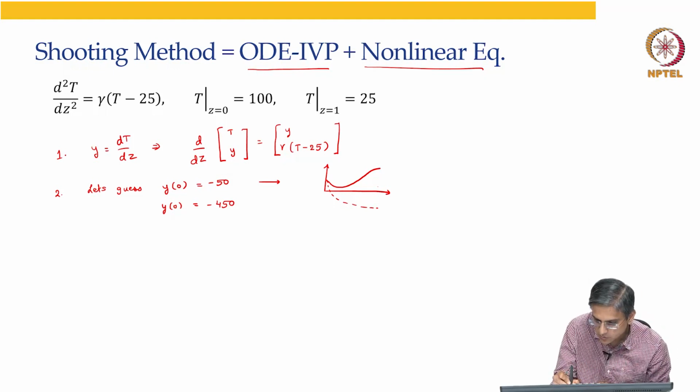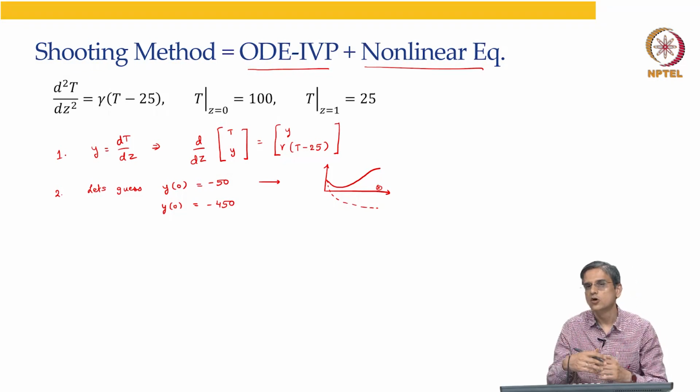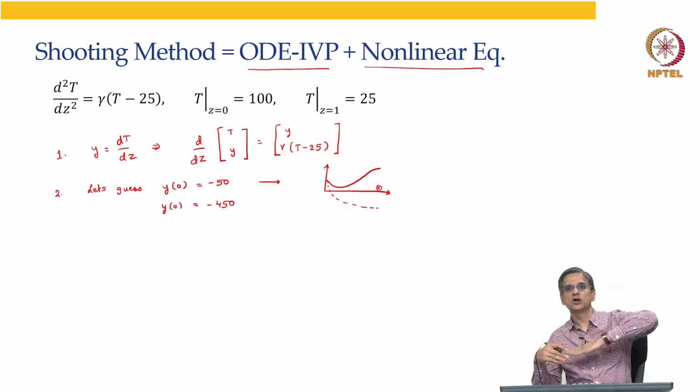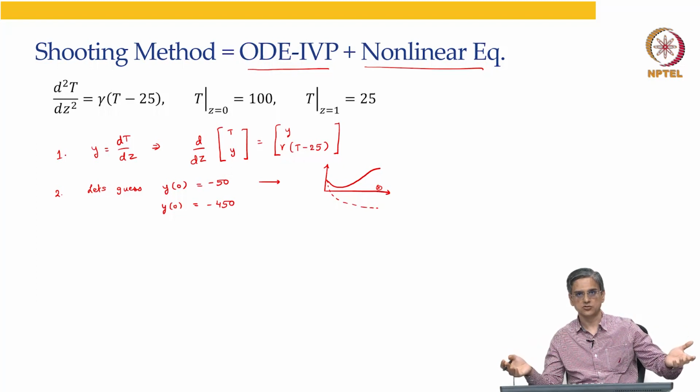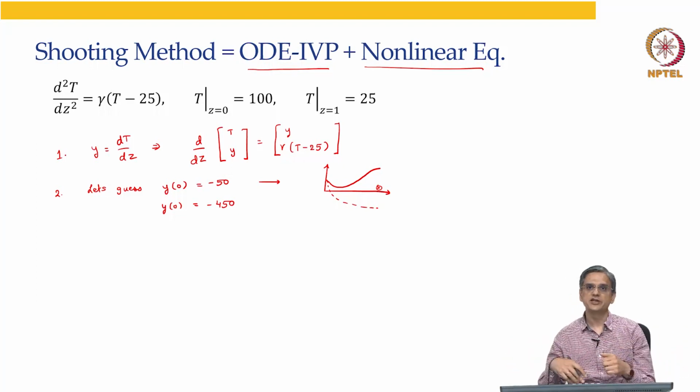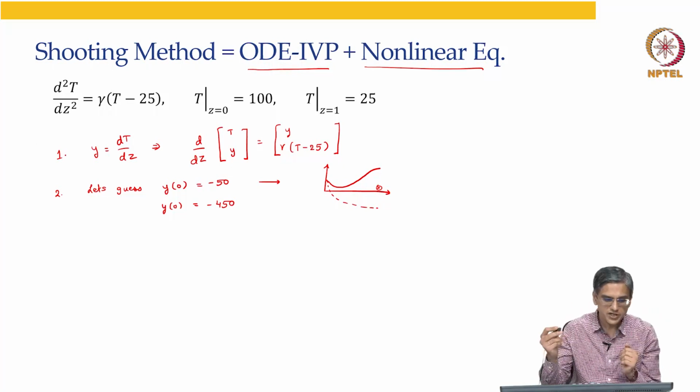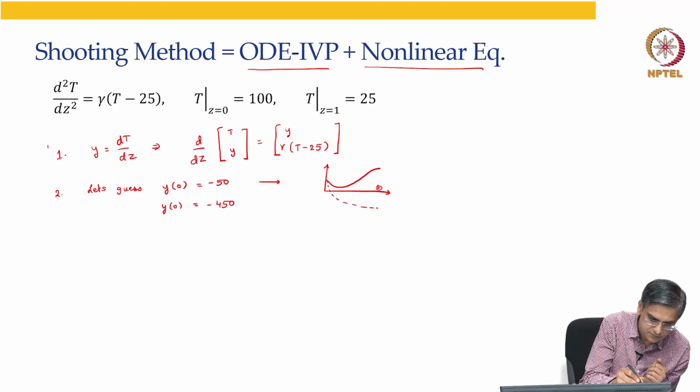Okay. So, this was our target value. With one guess we got a value above the target value, with another guess we got a value below the target value. So, we used the bisection rule. Alternatively, we could have even used Newton-Raphson. Okay. So, we solved the ODE initial value problem.